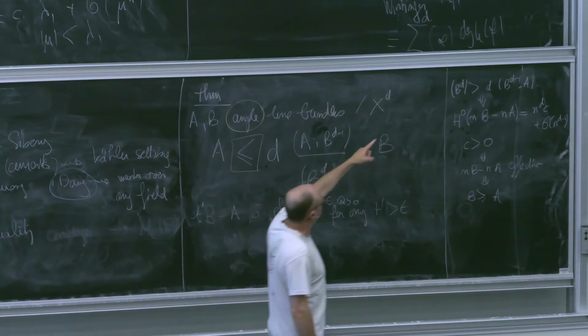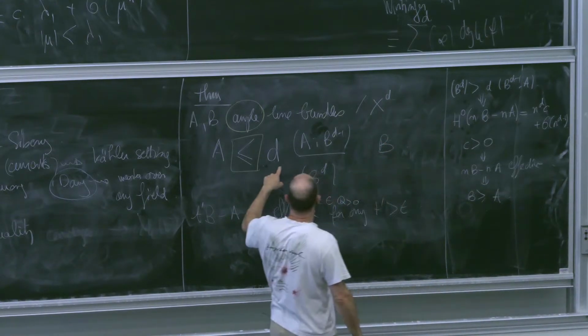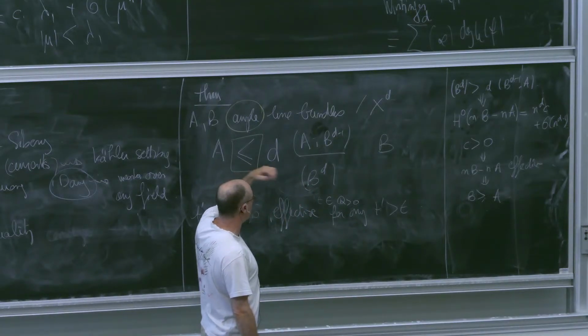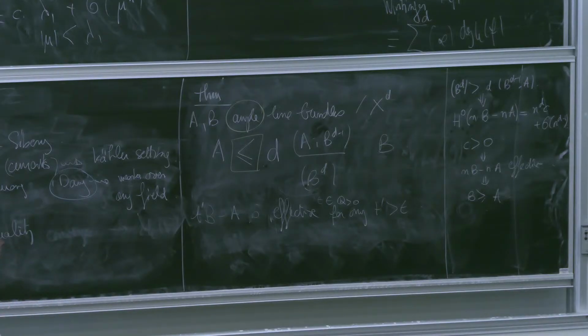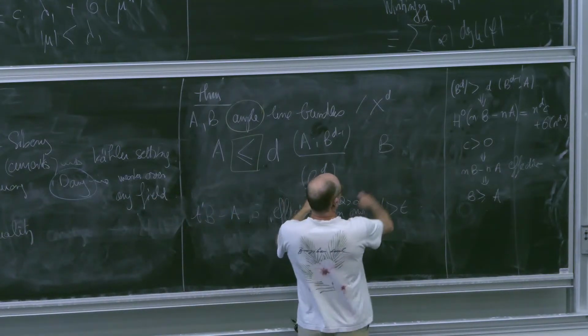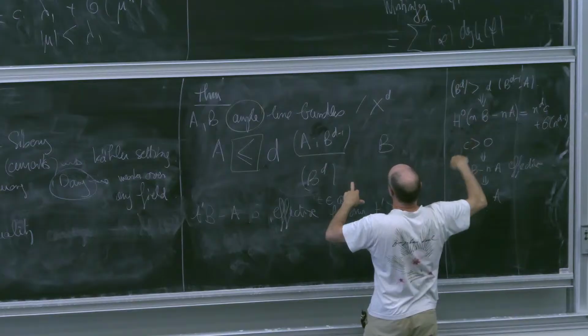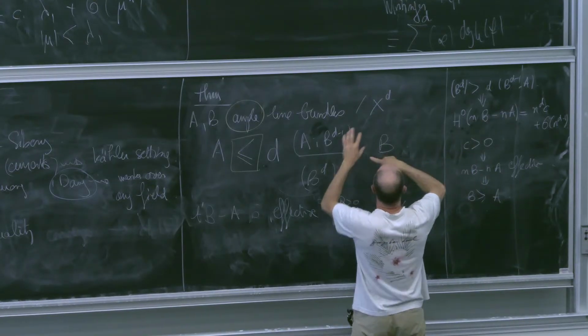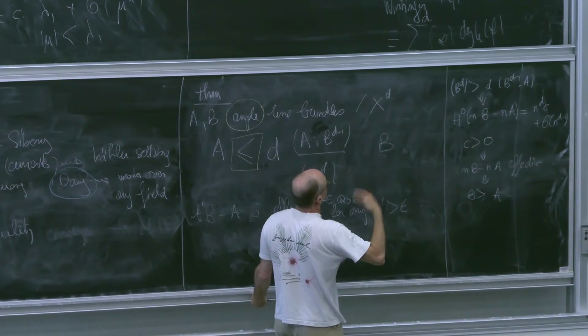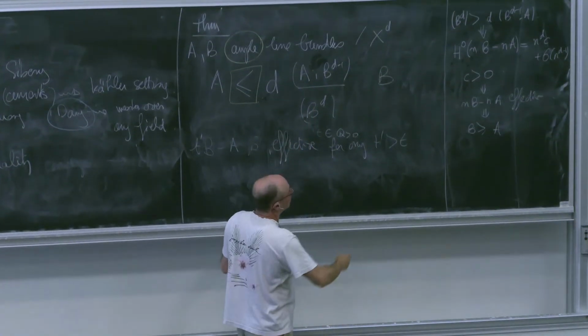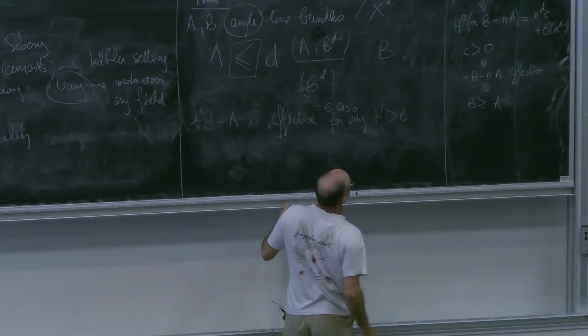So how from this statement do you get this? Well, play around with rational numbers. You apply this lemma not to B, but to T times B with T rational. You might have to multiply by a suitable denominator and so on. And this statement implies this one.